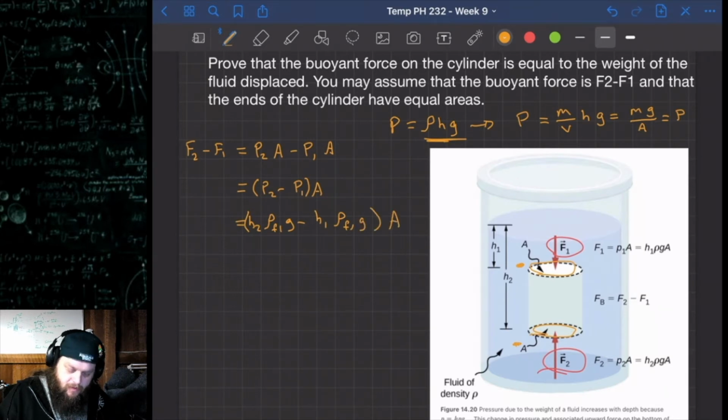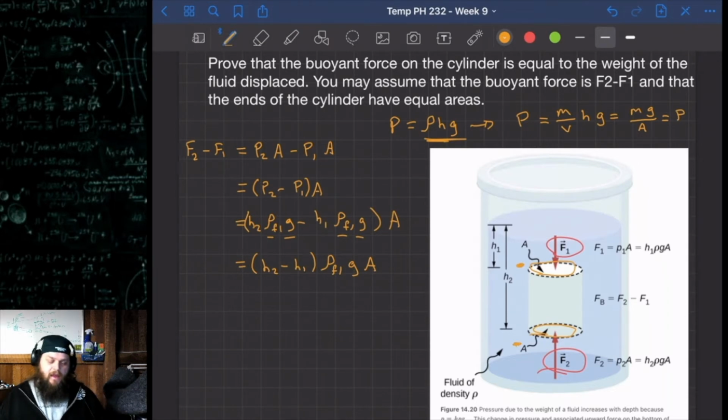And we're still multiplying by the area. We can factor out these common factors, the density and the gravity. So that's equal to H2 minus H1 times the density of the fluid times gravity times area. So the density times gravity times the area, just multiplied by the change in height.